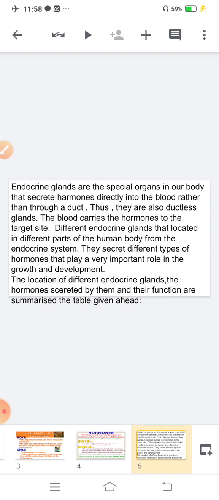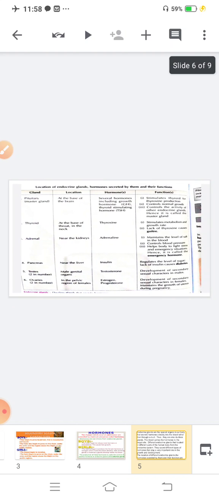The location of the different endocrine glands, the hormones secreted by them, and their functions are summarized in the table given ahead.